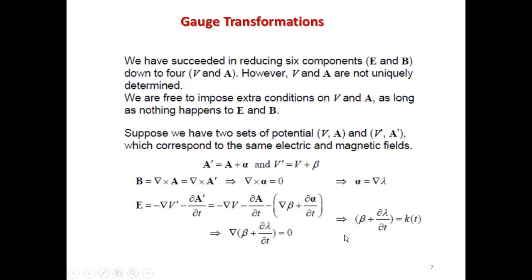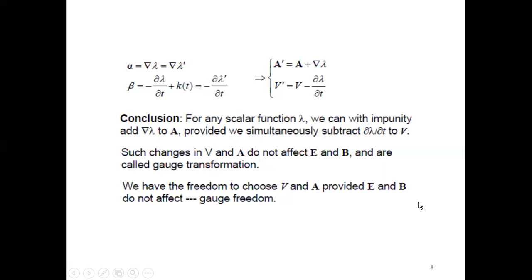This will give us this relation: grad of beta plus dou over dou t of lambda equals 0. If this is 0, it means this quantity is a constant, so suppose this is kt. So what value of beta did we get? Kt minus dou lambda over dou t.